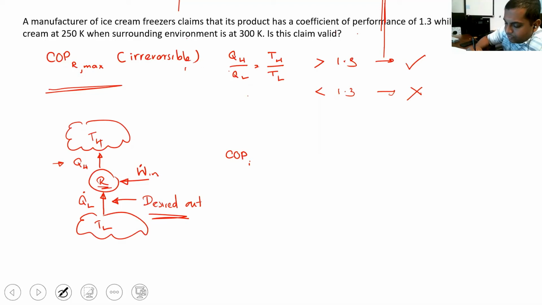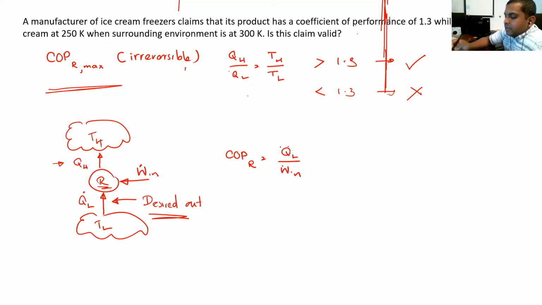COP of this refrigerator is going to be equal to QL divided by W in. QL divided by W in is going to be our coefficient of performance. Now, we are trying to get rid of W terms in this case again.